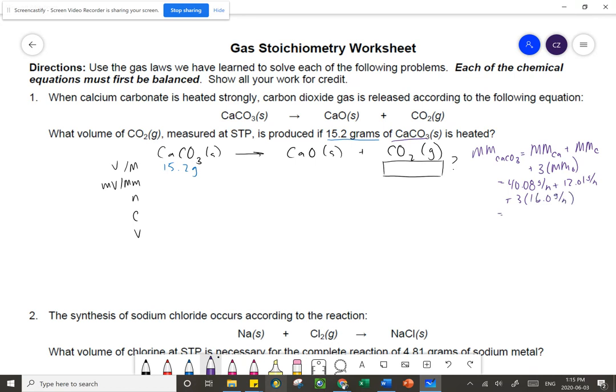Put that in my calculator. 40.08 plus 12.01 plus 3 times 16 is going to give us a molar mass of 100.09 grams per mole. So I'll put that in for my molar mass.